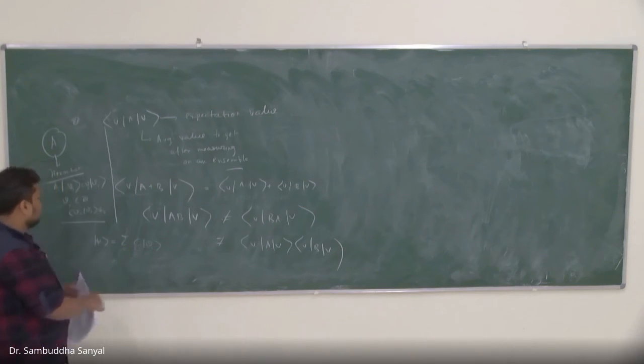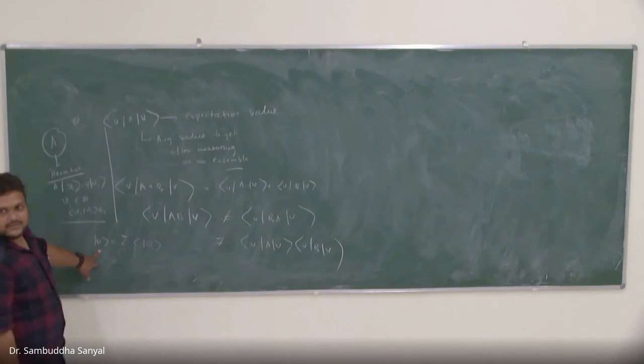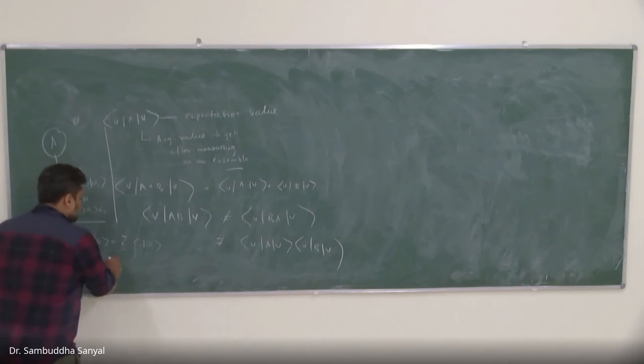What is the probability of getting v10 if I measure the operator A on psi? Can somebody tell me what is that from this expression? Right. Mod of c10 squared, but I represent it as v10 psi. So the probability is that squared. So that is mod of c10 squared.